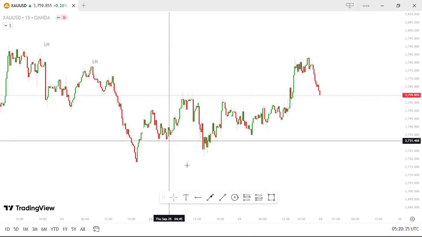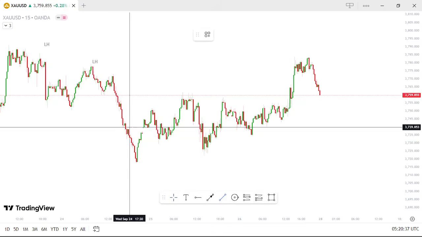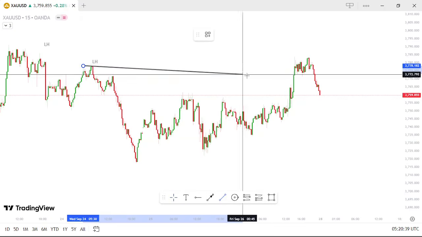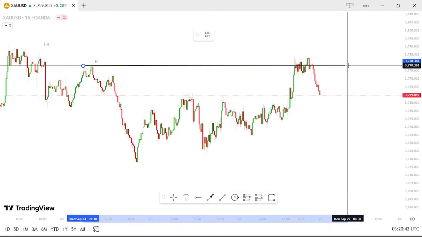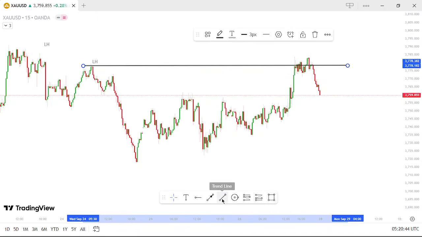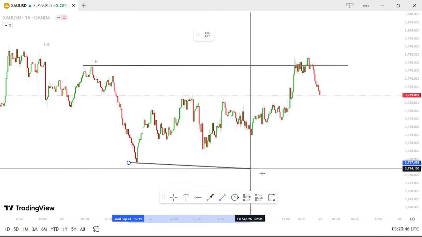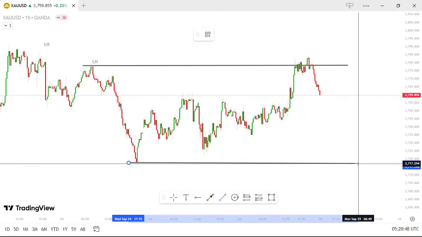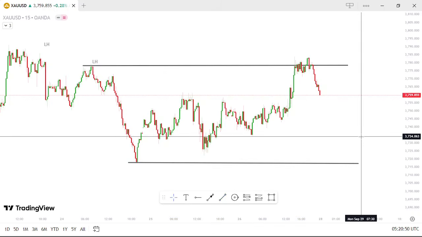Now in this particular situation, you have this point, this point, and this point. This is where you're trading on for this time frame, right?